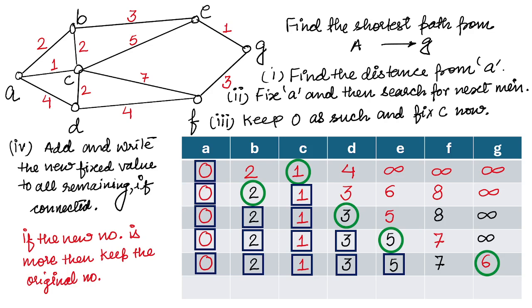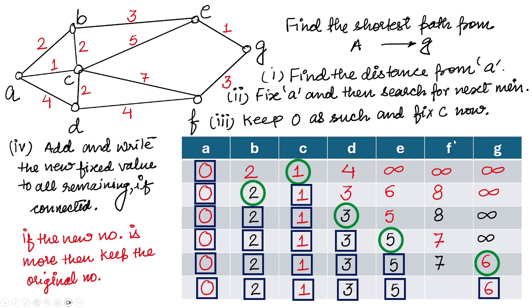Then the next one. In the next, what we'll be doing is we will be bringing all the fixed elements down. So they will be coming as such. Then what we have marked? 6 we have marked. Then we'll be fixing it, and we will be finding the distance of the remaining vertex, that is F from G. This is F, this is G, the distance is 3.